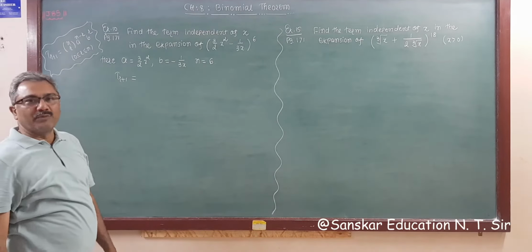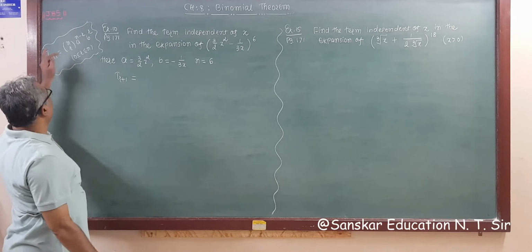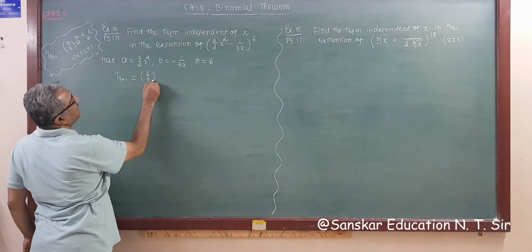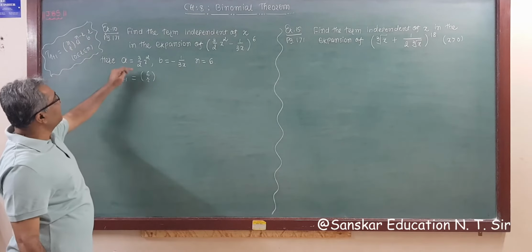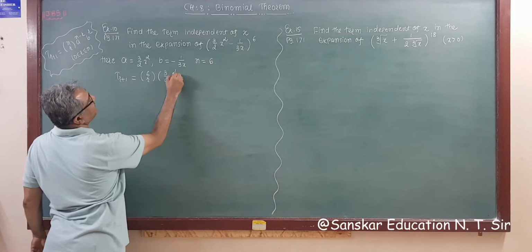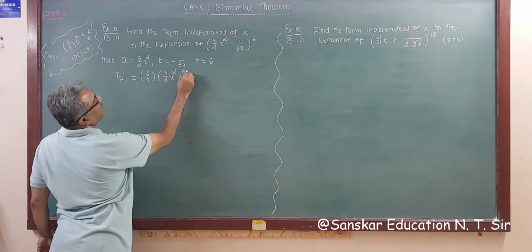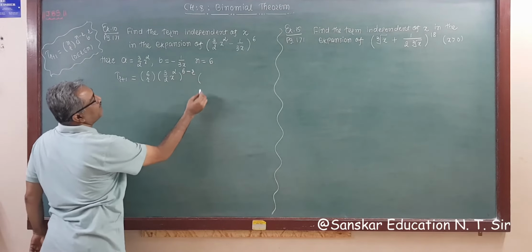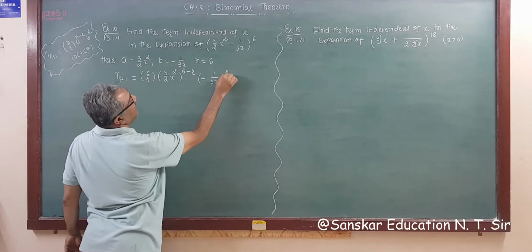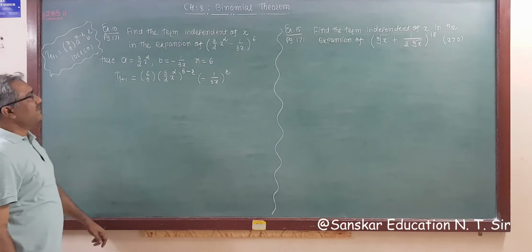So n is 6, so I am writing 6Cr, a raised to n minus r, where a is 3/2x² raised to 6 minus r, and b is -1/3x raised to r. This is your tr+1.